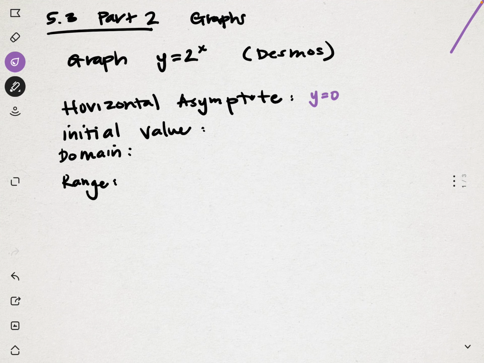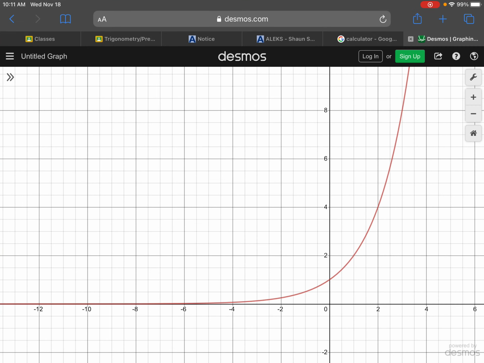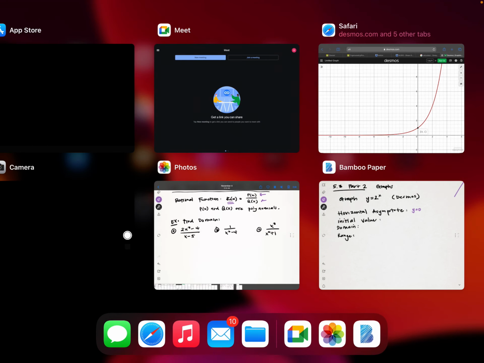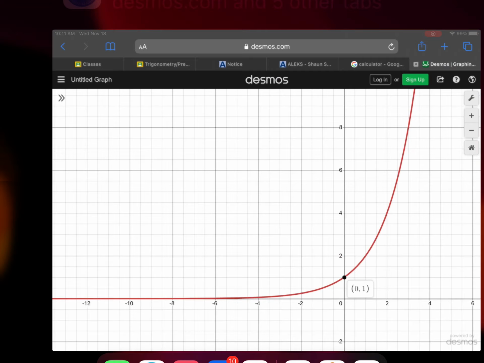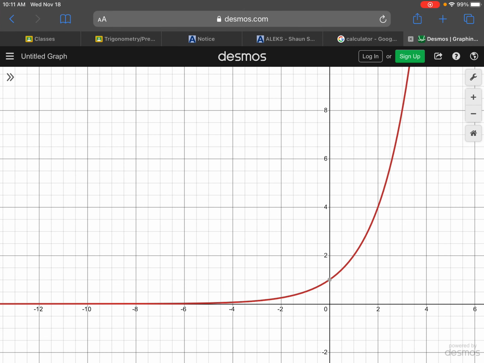All right, if we're looking at the initial value, we're looking at the y-axis or the y-intercept, and we have an initial value of 1. Now the domain for any exponential function: notice if we trace this, we could trace it forever to the left and forever to the right.